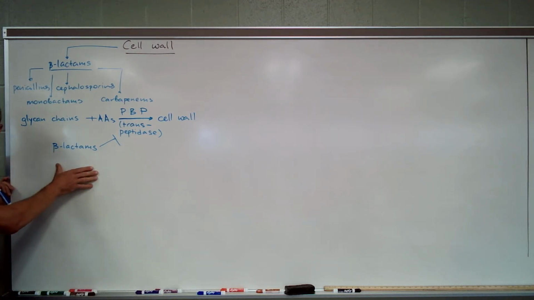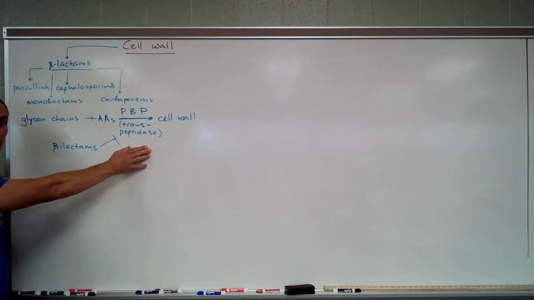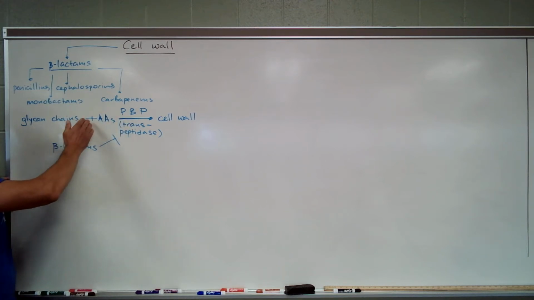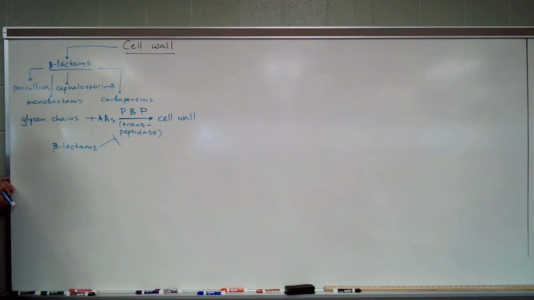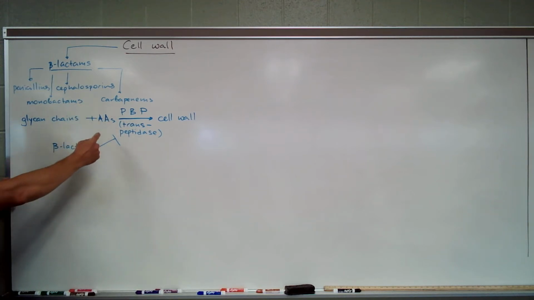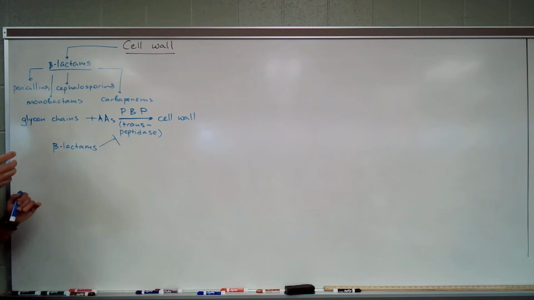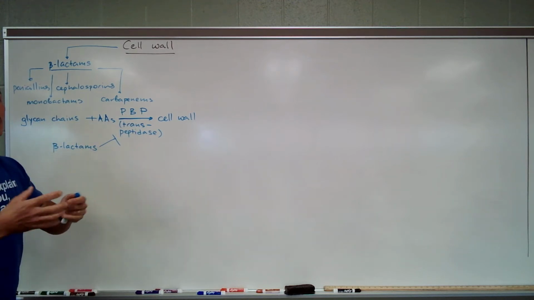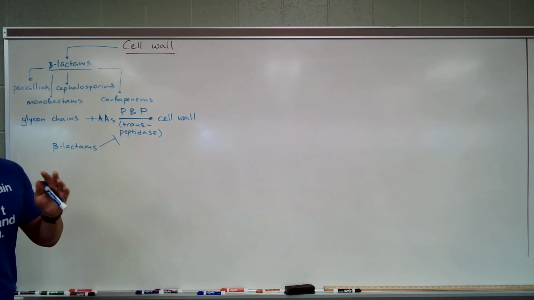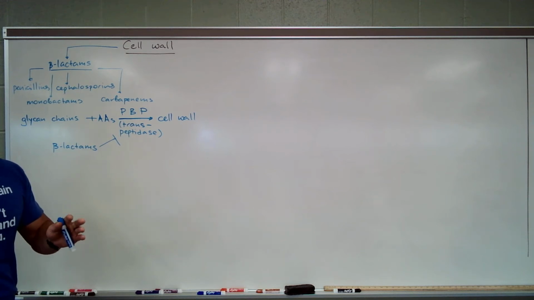If beta-lactam inhibits transpeptidase, does the cell wall form properly? No, it doesn't. There are no links, right? So the cell wall becomes structurally weak and the cell pops open. Are we clear? Make sense?